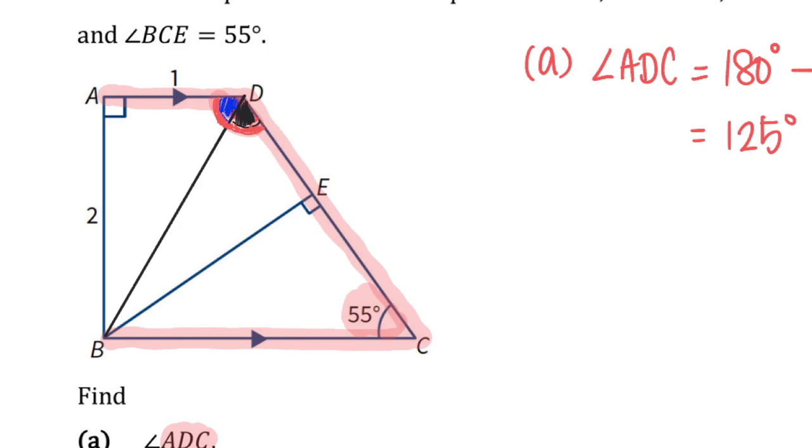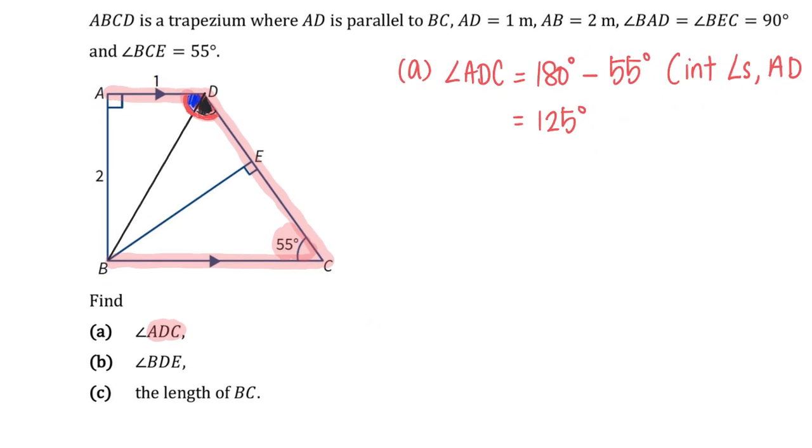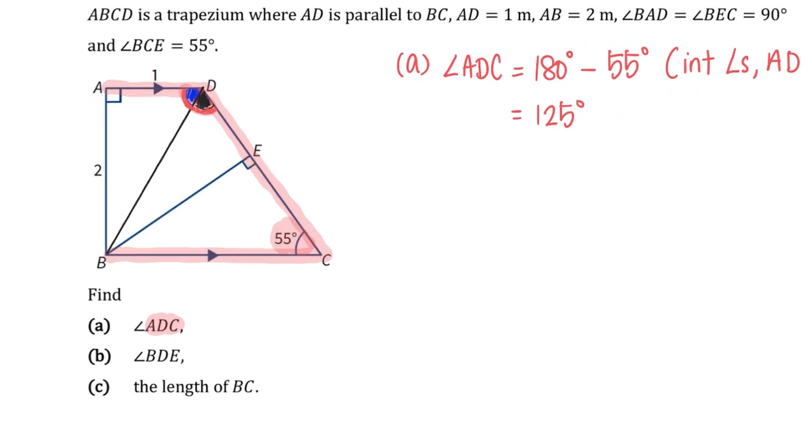To find the blue angle ADB, I just need to focus on this right angle triangle. With respect to the blue angle ADB, this is my adjacent side and this is my opposite side. Out of the three trig ratios, which one should I use? I have O and A. Yes, tangent.